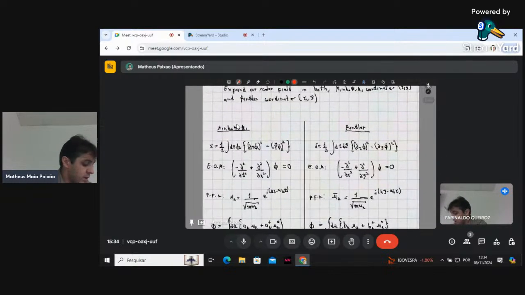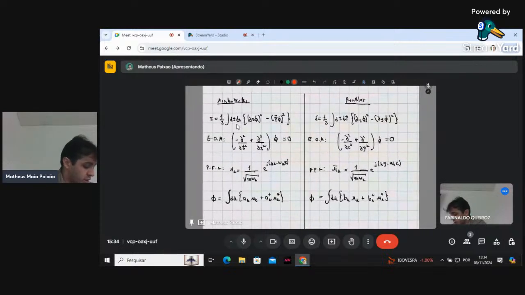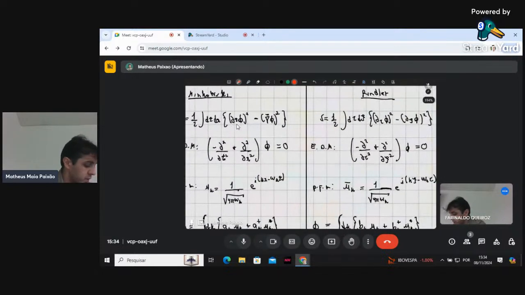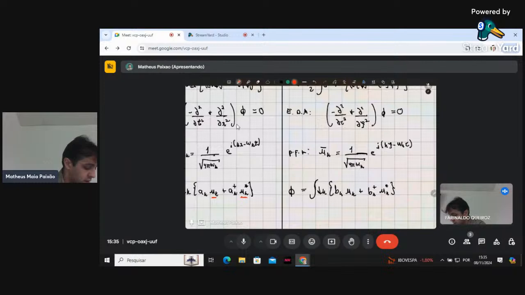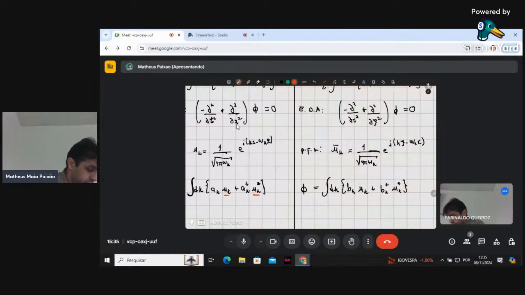So I will have two different expansions of my field, the same Klein-Gordon field. I can expand in a Minkowski basis, and I can expand in a Rindler basis.